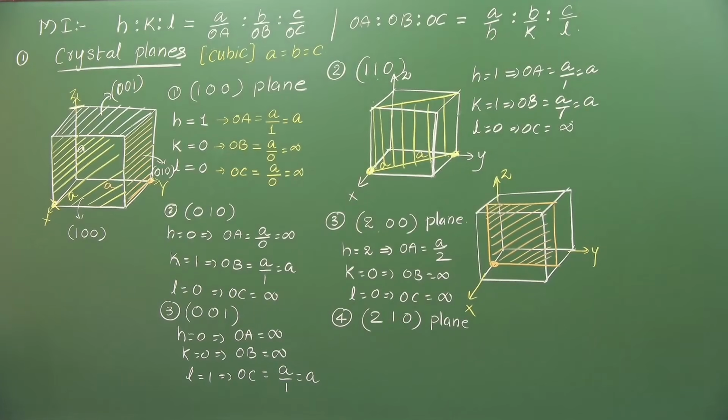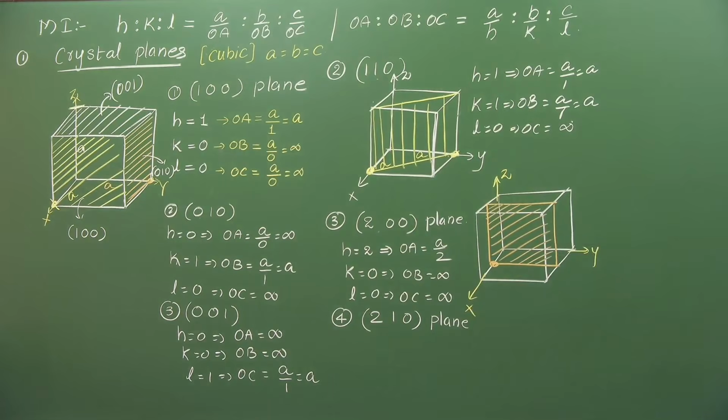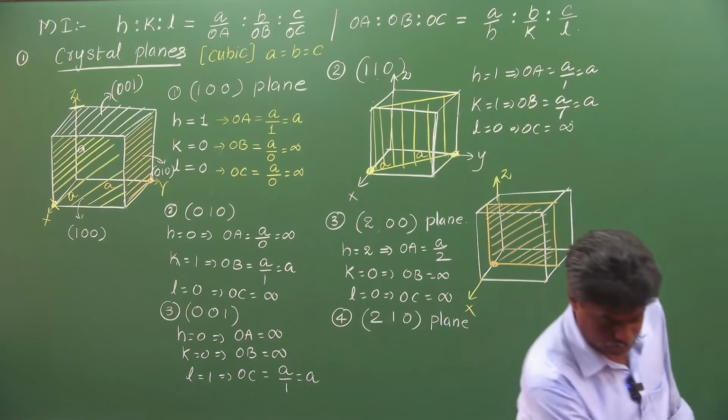If you simply copy, no use. I explained how we got that intercept, and after that we are joining those points, nothing else. In the interviews, they will ask you to draw those planes, to represent planes. You should know.